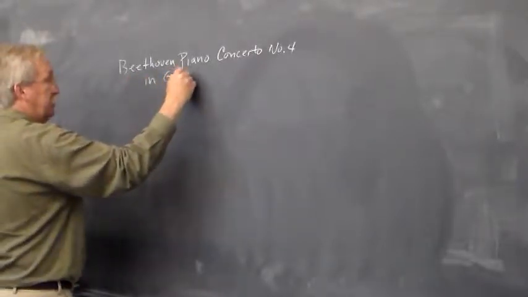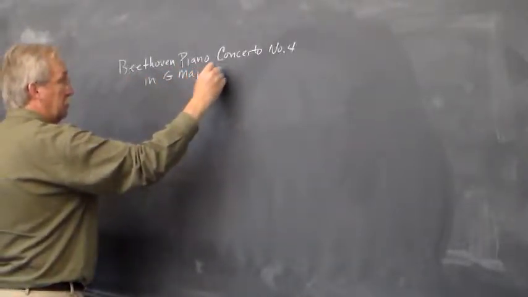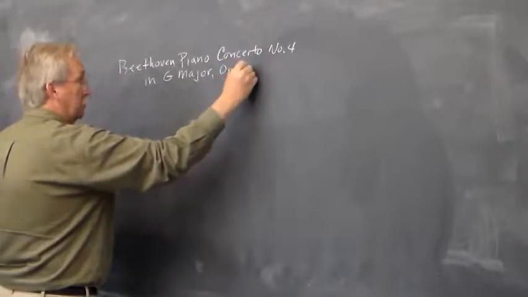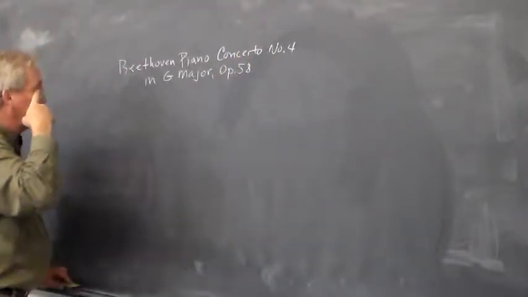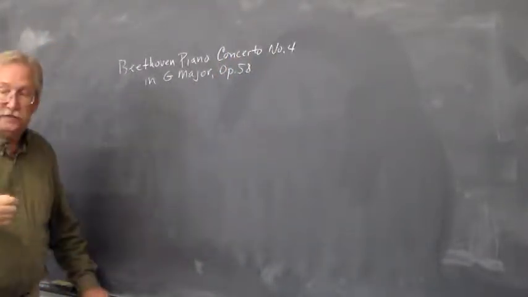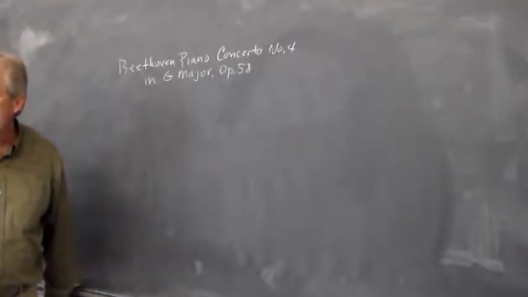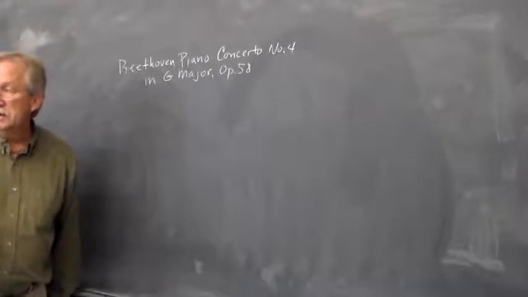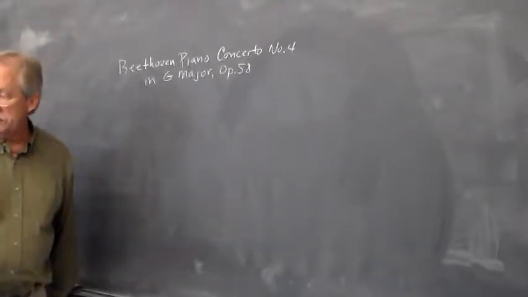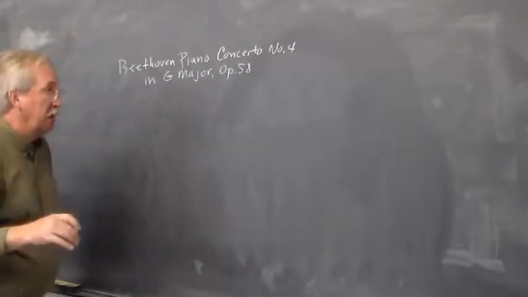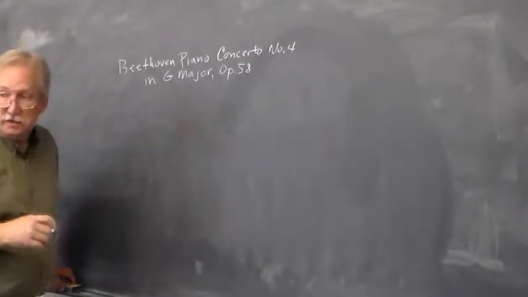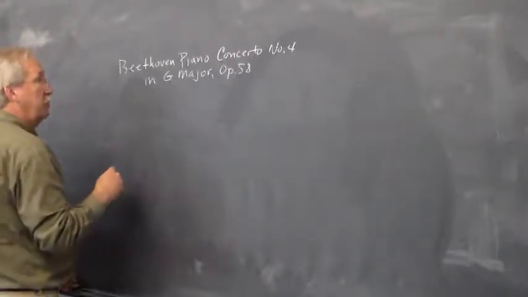So this is in the key of G major. And it was written at the same time as the Fifth Symphony and the Sixth Symphony. It was actually premiered on this huge program that featured the premiere of the Fifth and Sixth Symphony. And Beethoven was the soloist in this premiere of it.